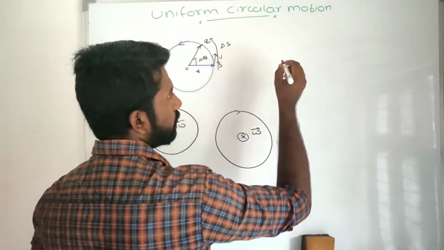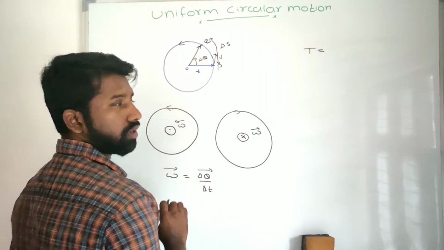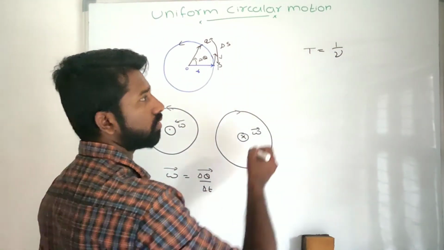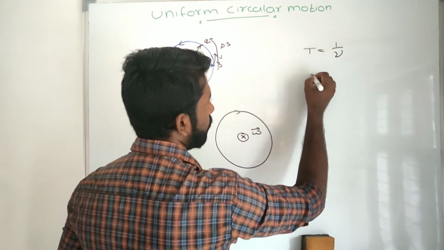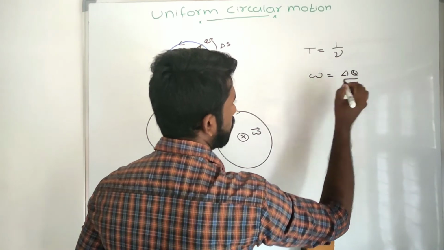If T is the time period of the circular path, then time period is equal to 1 by frequency. Then omega is equal to delta theta divided by delta t.